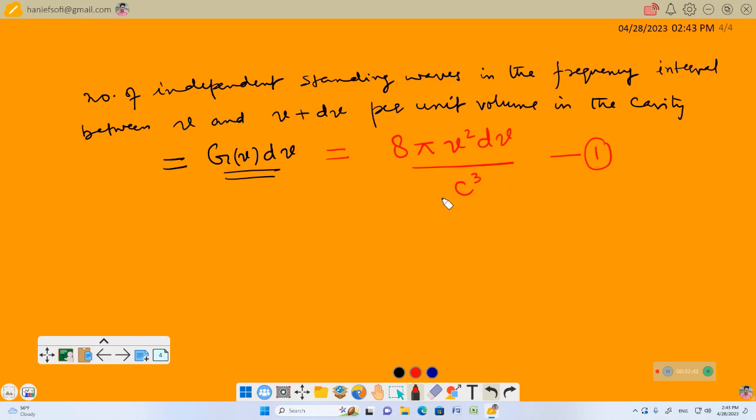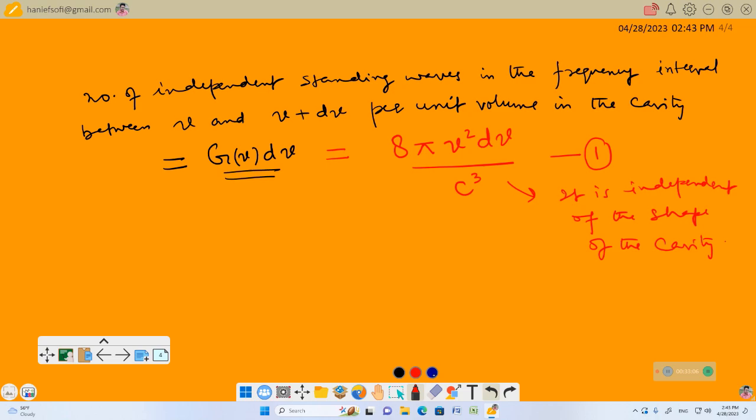Now, this formula for g nu d nu is valid for a cavity of any shape. That means it is independent of the shape of the cavity.